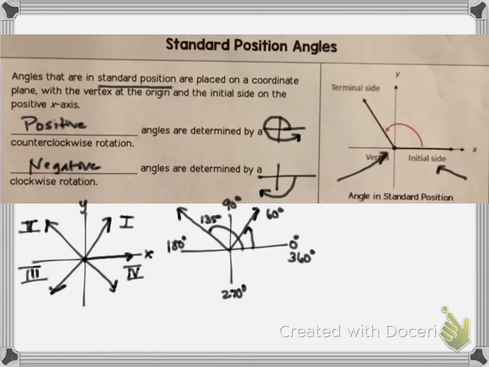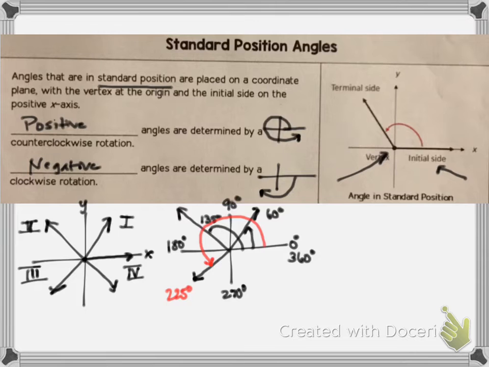If I ask you to draw 240 or 225, let's just do a 225-degree angle, you start at the initial side on the x-axis, and you would just go all the way to whatever I said, 225 degrees. All right, and remember, all these angles are positive because I'm going in a counterclockwise rotation.